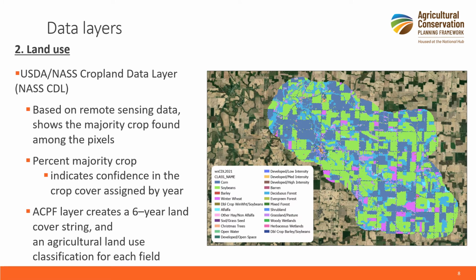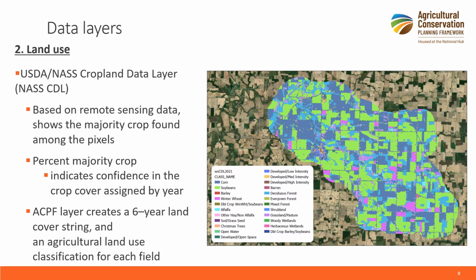The second data layer is the land use layer. The land use classification data comes from the USDA's National Agricultural Statistics Service cropland data layer, which categorizes land use into the dominant crop produced during each year. This data set is created annually for the continental US using moderate resolution satellite imagery to classify the landscape based on extensive ground truthing.